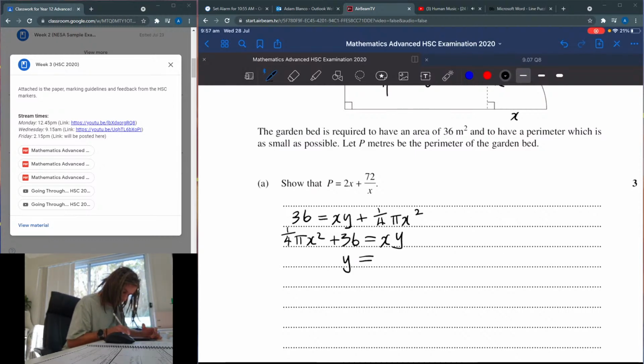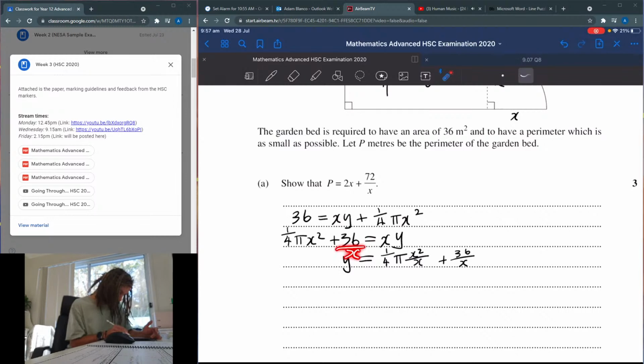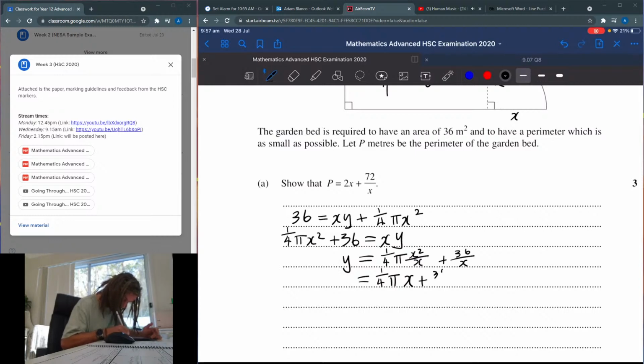That means y equals 1/4 pi x squared on x plus 36 on x. Okay, so I've just split it up, but I've divided that by x and that by x. That's going to cancel, so I can simplify this. 1/4 pi x plus 36 on x.